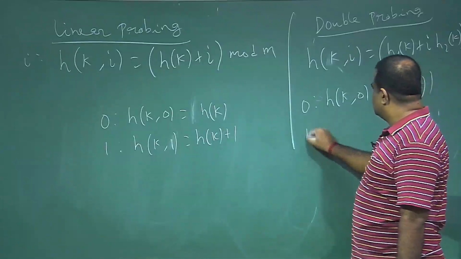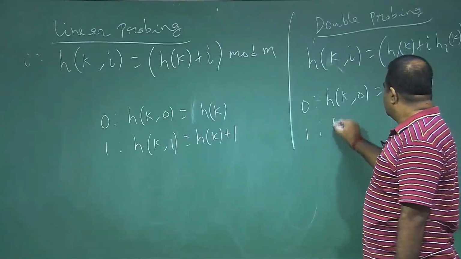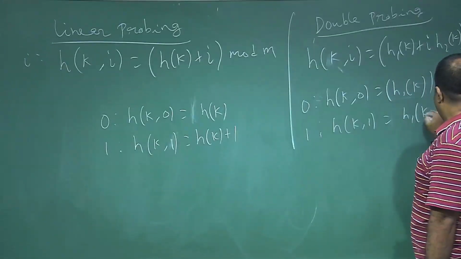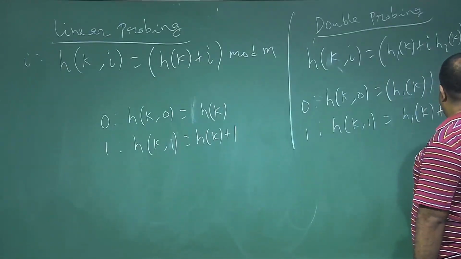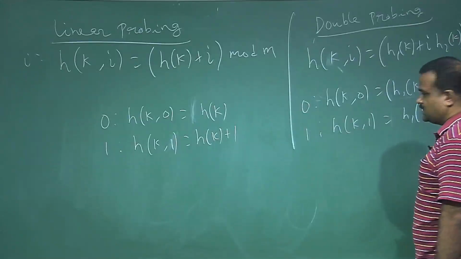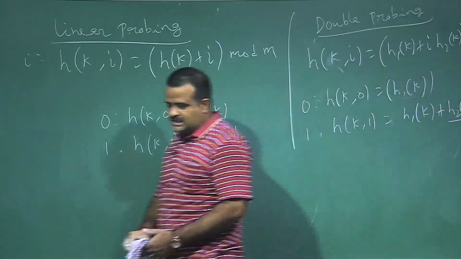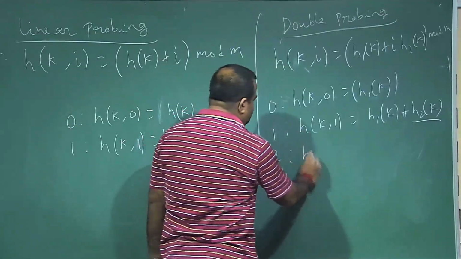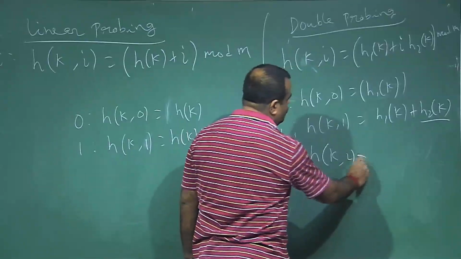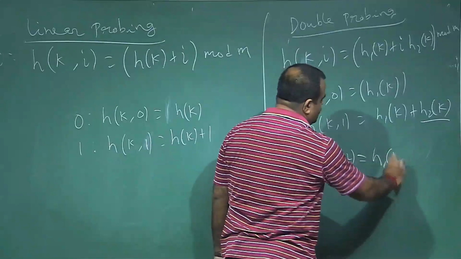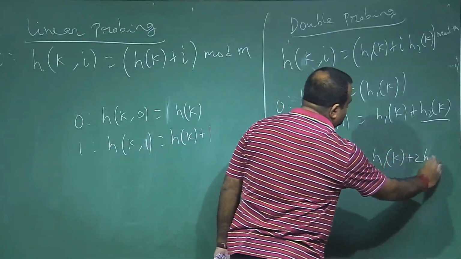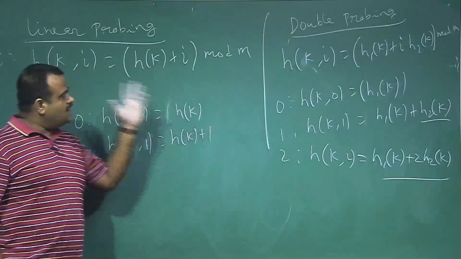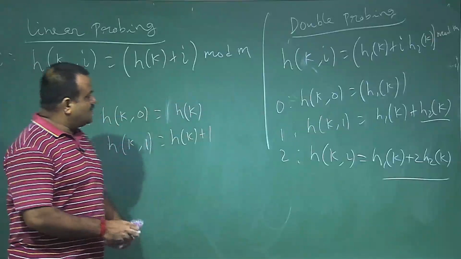If it hits an occupied slot, then we go for the next probe, which is h1 of k plus h2 of k. So we have another hash function we are adding, then mod m obviously. If it hits again, we go for the next probe with the same two values, again mod m. This is better than linear probing for avoiding clustering.